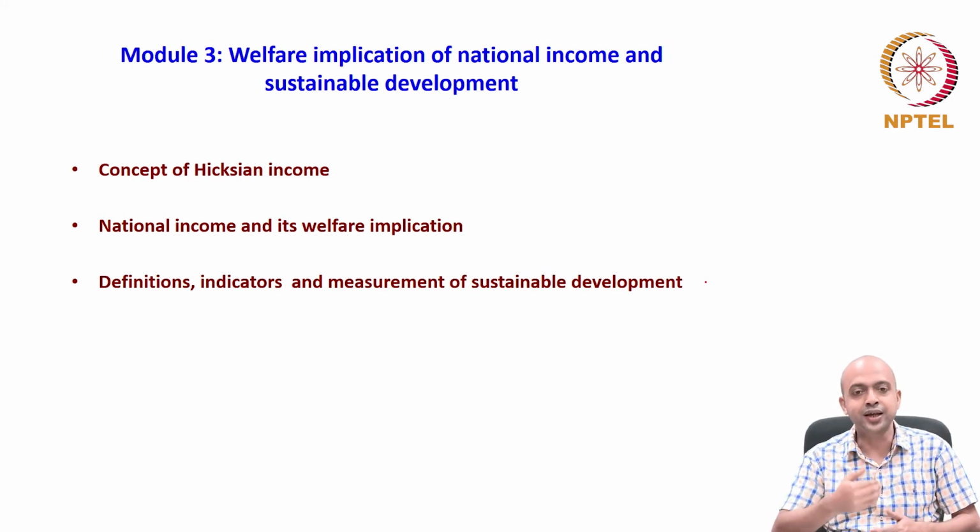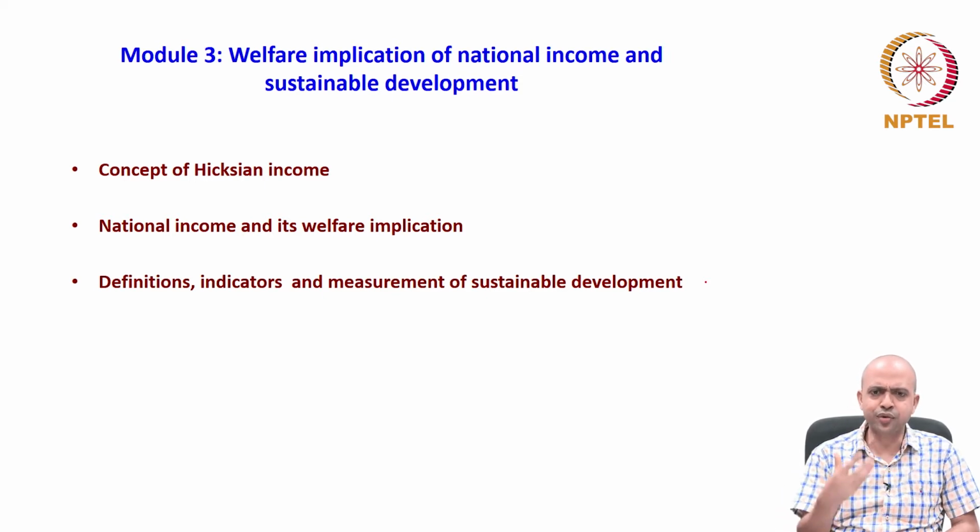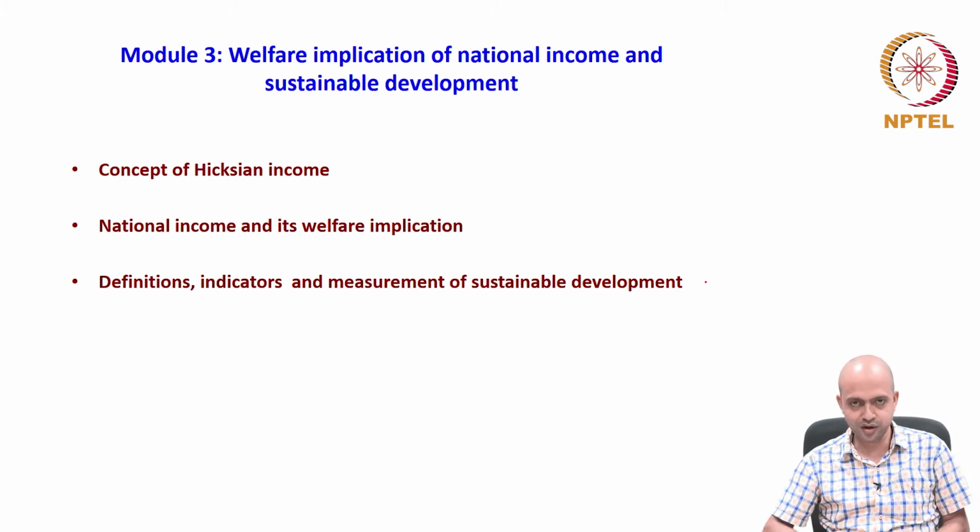Once we understand the Hicksian income concept, then we'll see what the implication of national income on welfare is. Because ultimately, why do we need income? We need income to increase our welfare, well-being.